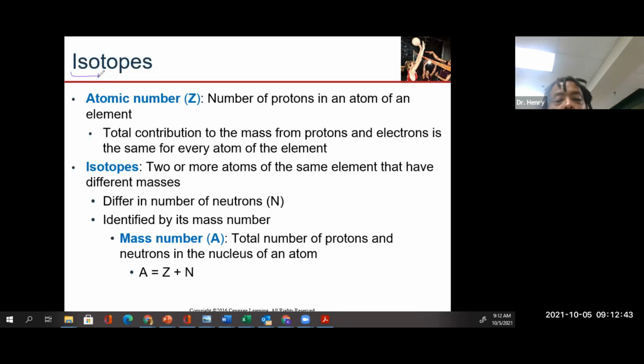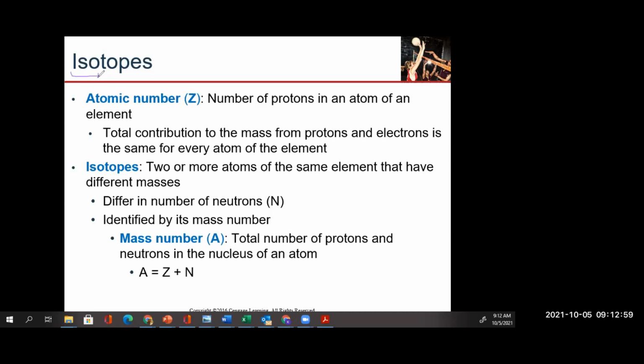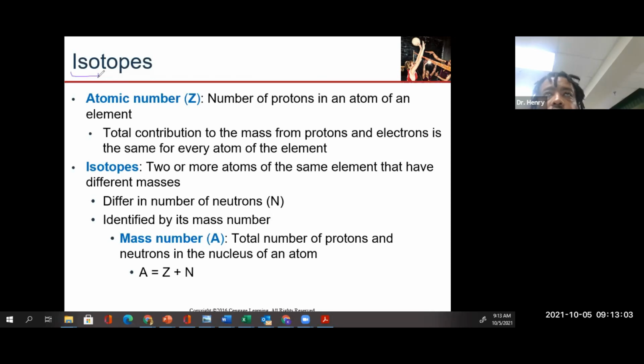Okay, so for a reminder, what makes carbon carbon is the number of protons it has. The protons are never going to change. The protons are always going to be the same. So carbon has how many protons? Six. That's right. Carbon has 6 protons, so carbon will always have 6 protons, okay?